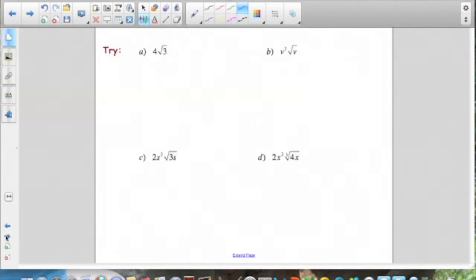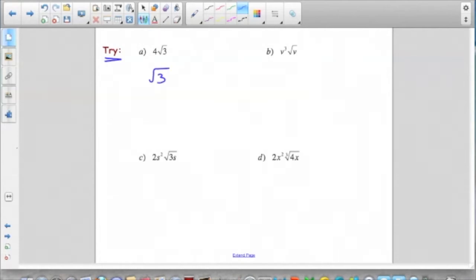All right, here are some try these questions. You'll notice that some now have variables. So we'll go through some of these. Let's look at the first example, A, on this try. We have the radicand, which is 3. We multiply that by the coefficient.